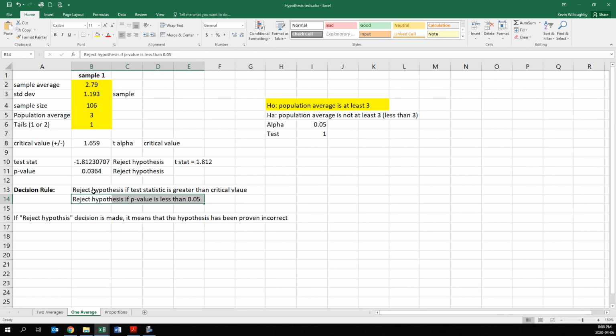Your decision rule, even though there are two of them, will always give you the same decision. So as a point here, reject the hypothesis, decision is made. It means that the null hypothesis has been proven incorrect, and we have enough evidence to go back to our client and say that the average response for question 6 is not at least 3, basically meaning that it is less than 3.